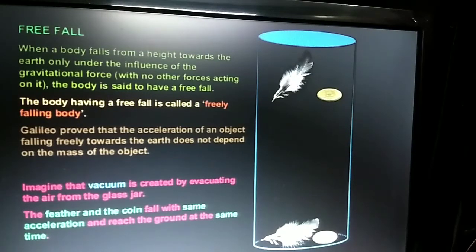The feather and the coin fall with the same acceleration and reach the ground at the same time. So, whenever a body falls from a height towards the earth only under the influence of the gravitational force, it is called free fall, and the body having a free fall is called a freely falling body.